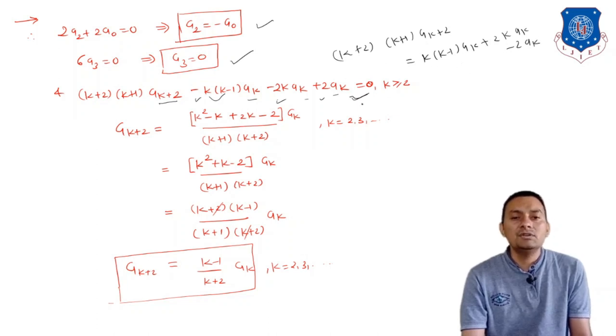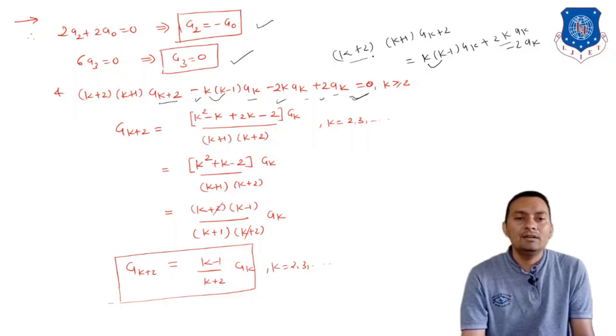So what you can write, just verify that k is common, so k into k, that is k square minus k, and this is 2k is there minus 2, and divide by whatever it is, so I'm just going to write here. So after simplifying, you can see that k square plus k minus 2 divided by k plus 1 into k plus 2, and this is the ak is there.